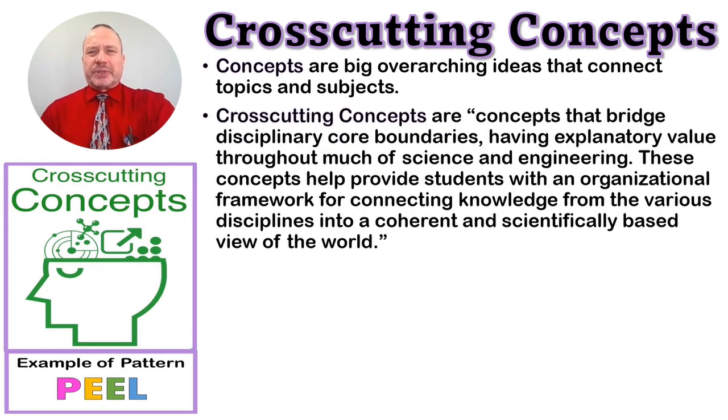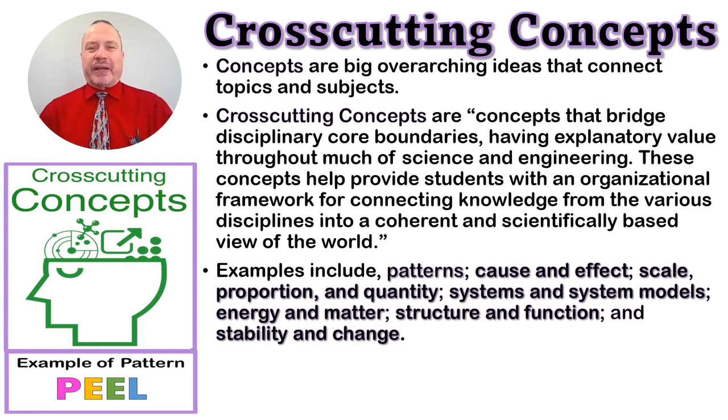Cross-cutting concepts are concepts that bridge disciplinary core boundaries, having explanatory value throughout much of science and engineering. These concepts help provide students with an organizational framework for connecting knowledge from the various disciplines into a coherent and scientifically based worldview.